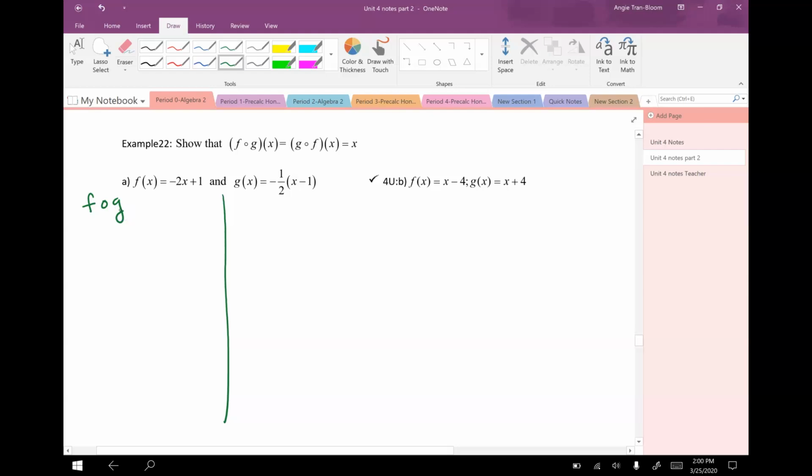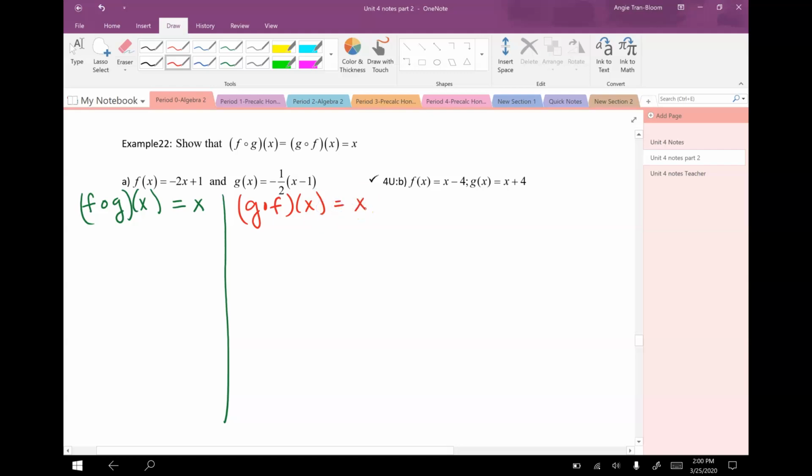Part 1 is f composed with g of x, and it wants you to prove that it equals x. Over here we're going to do g composed with f of x, and see if it equals x.